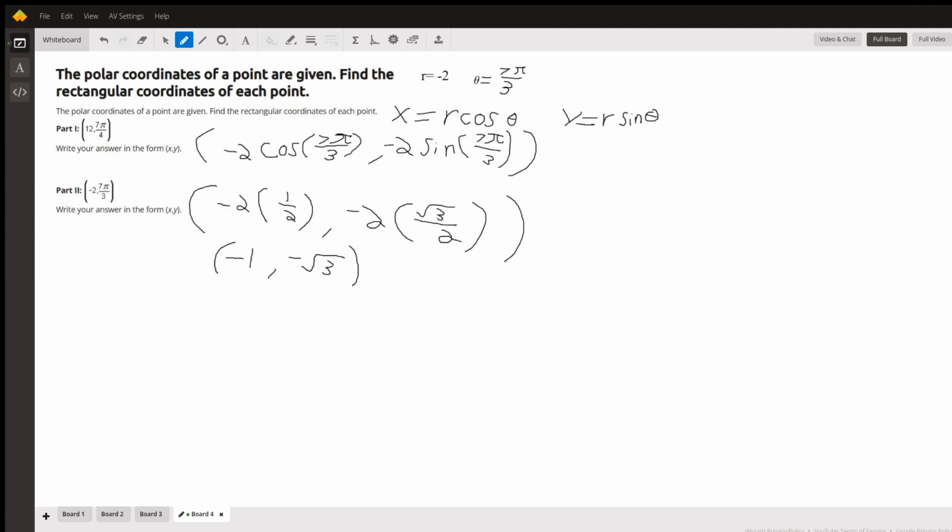We plug in those values. For x, it would be negative 2 cosine 7 pi over 3, and for y, it would be negative 2 sine 7 pi over 3. The r value does keep its negative, but luckily we're not going the other direction with the angles.